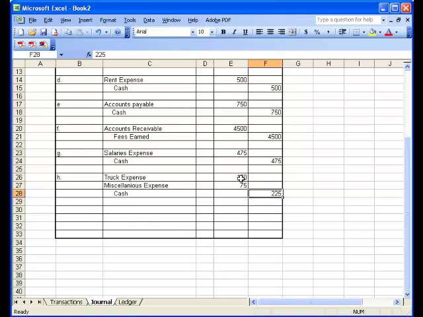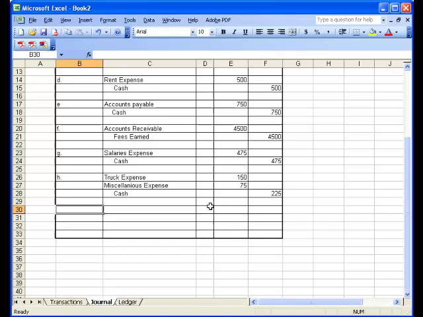So the rule that my total dollar amount for debits must equal my total dollar amount for credits has been fulfilled here. We have at least one debit, in this case we have two, and at least one credit, in this case we have one, and this keeps our accounting equation in balance.